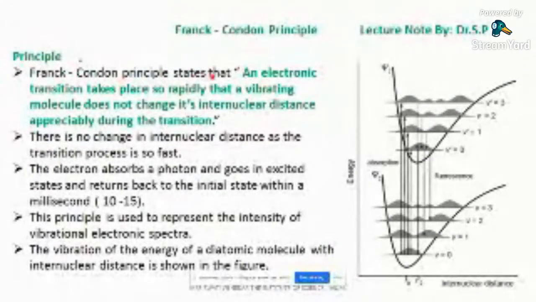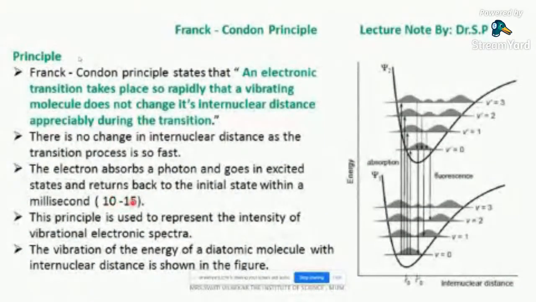The Franck-Condon principle states that an electronic transition takes place so rapidly that a vibrating molecule does not change its internuclear distance appreciably during the transition. So there is no change in internuclear distance as the transition process is so fast. The electron absorbs a photon and goes into the excited state, and it returns to the initial state within 10 to the minus 15.